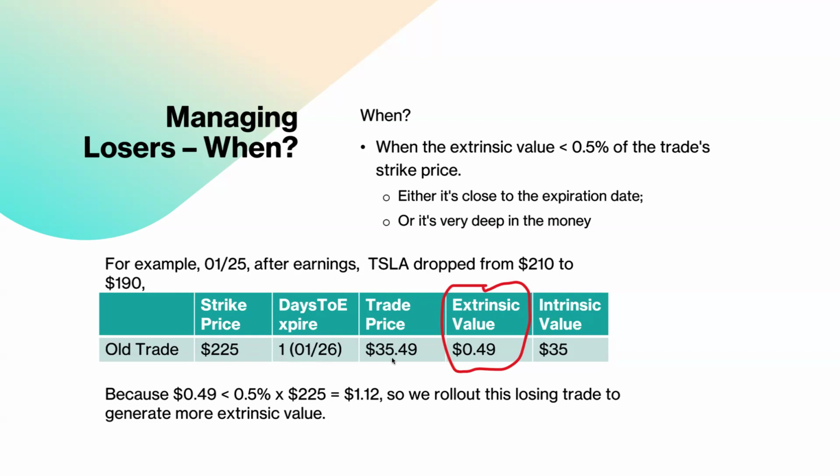The trade price is $35.49. At this point, the intrinsic value is $35, so the extrinsic value is only 49 cents. Because 49 cents is less than 0.5% times the 225 strike price, we roll out this losing trade to generate more extrinsic value.